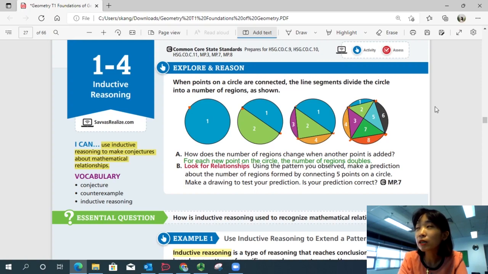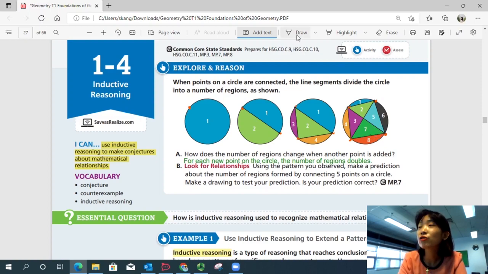Can you make a prediction? By this pattern, we can say 8 times 2, 16. So it's going to double the amount of the previous circle's region. And so we can predict that we would have 16 regions in the next circle where it has 5 points.